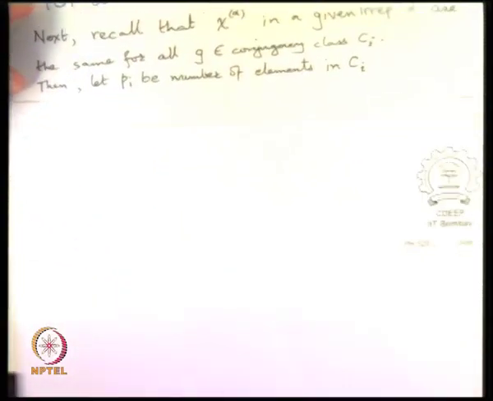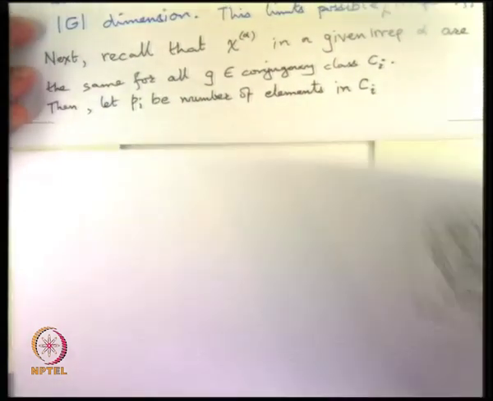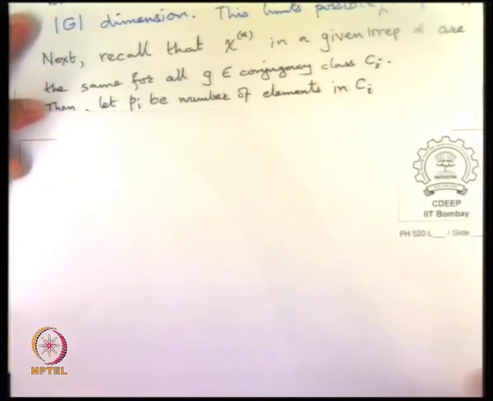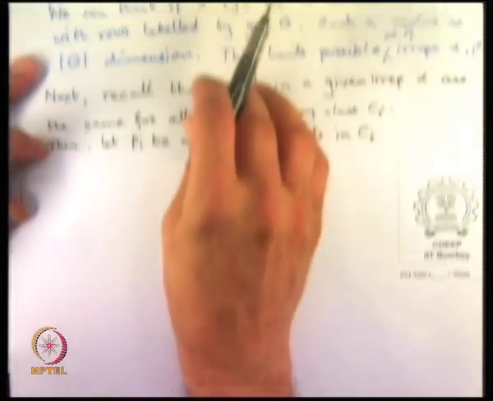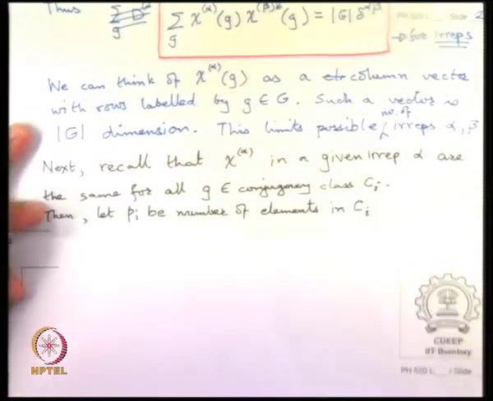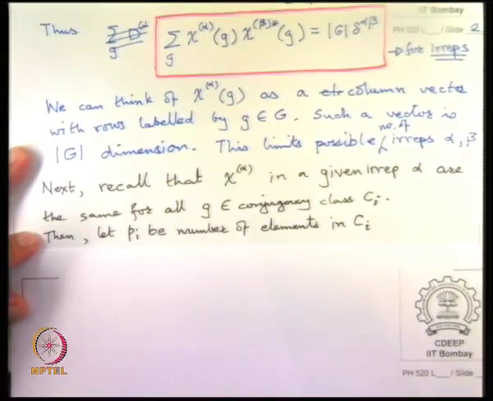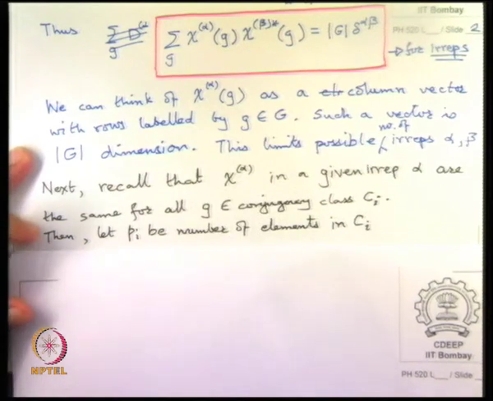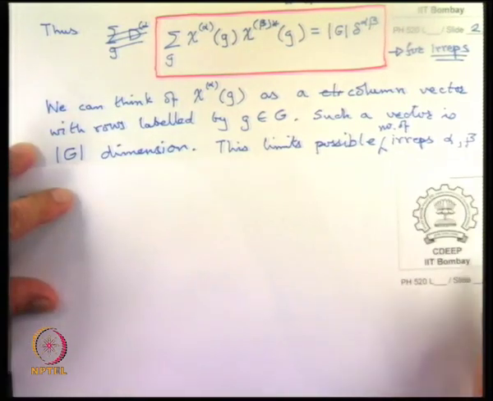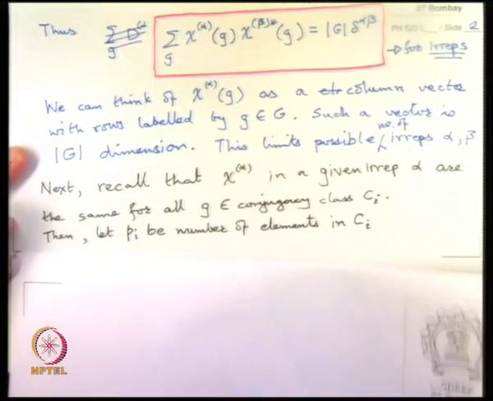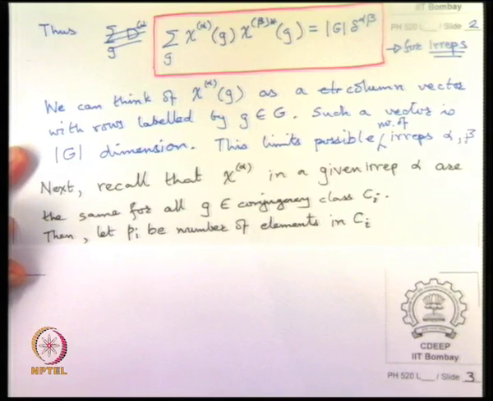And how many conjugacy classes, that also we can introduce a symbol for. So we are just going to rewrite this summation directly for conjugacy classes. So let Pi be the number of elements in a class Ci.